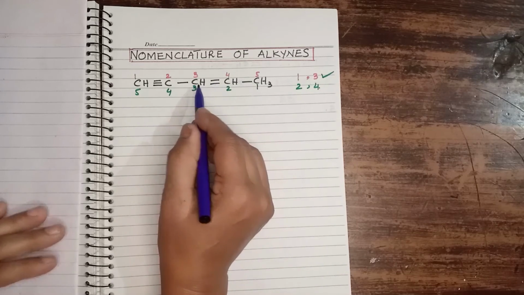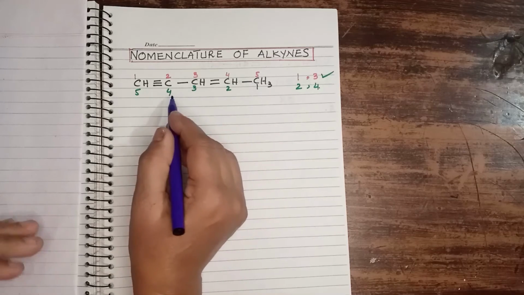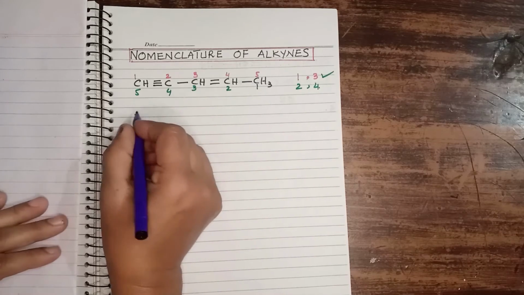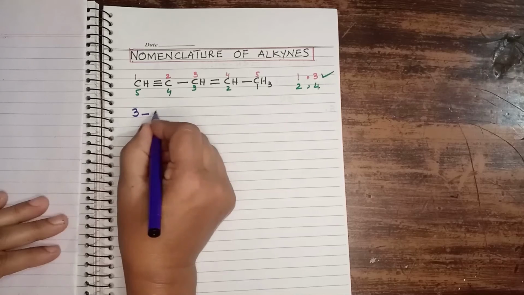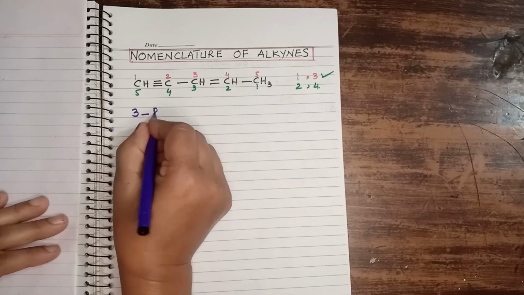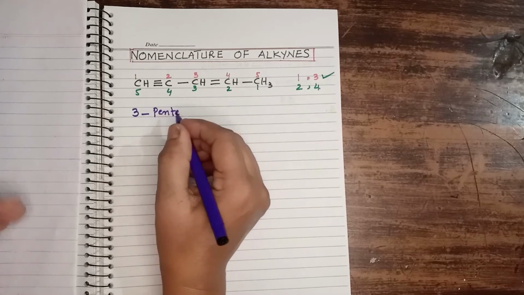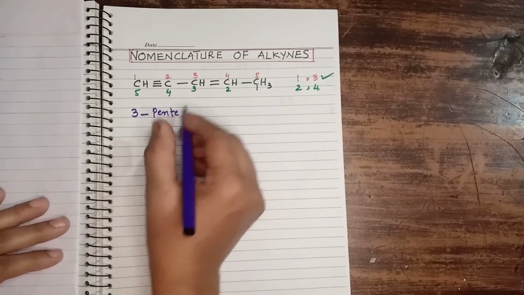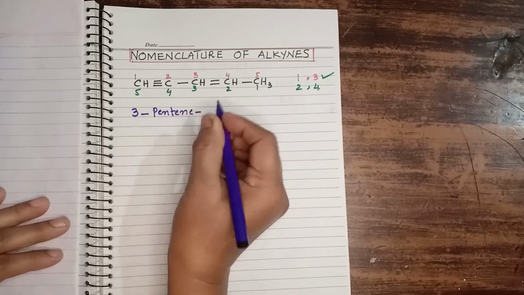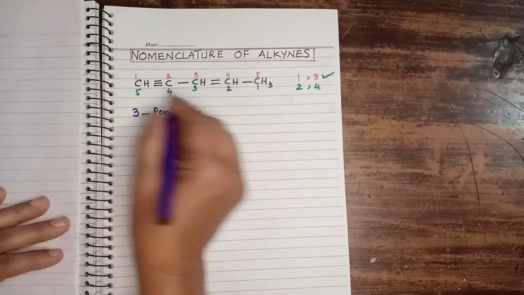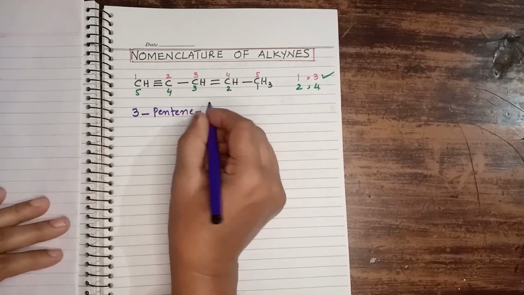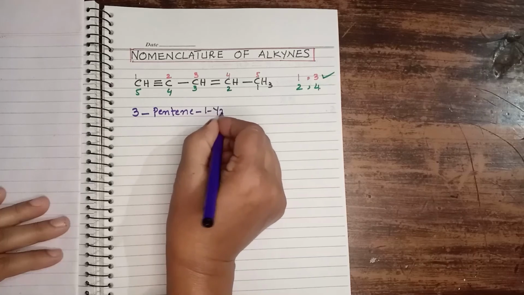So we must write the position of the double bond first. That is 3, and it is pentene. There are 2 ways by which we can assign the name to this molecule. 3-pentene. And what is the position of the triple bond? Carbon number 1 forms the triple bond, so 1-yne.